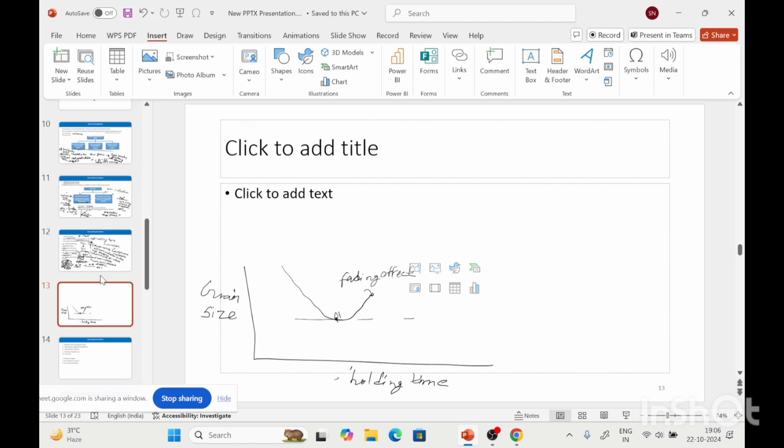Again, if some recovery of grain refinement occurs because of some agitation process, then again the grain size will start to decrease, and it will start to increase again.